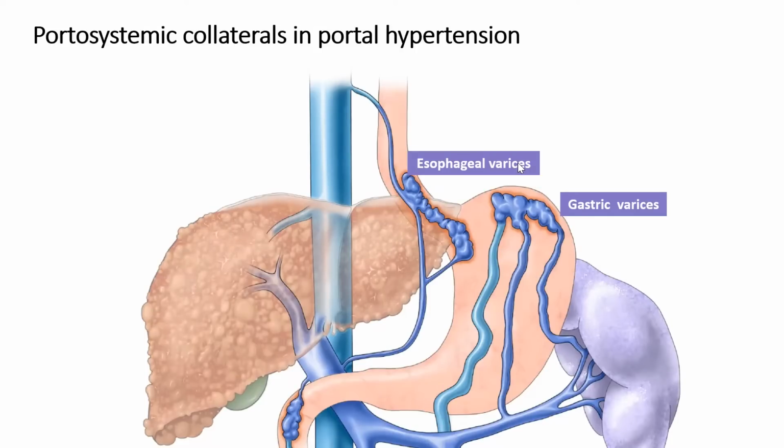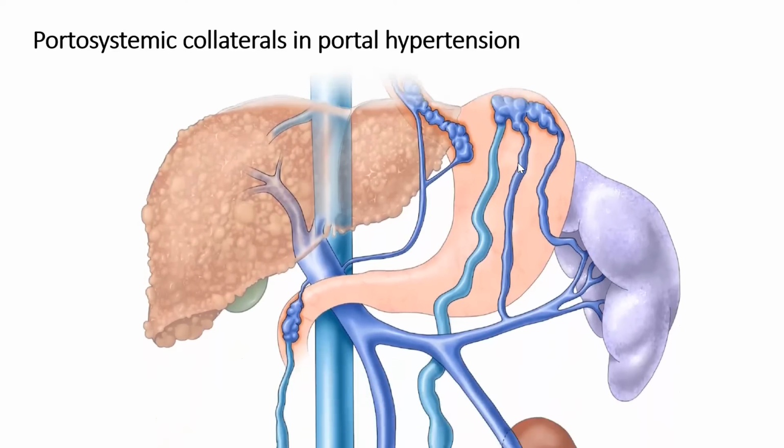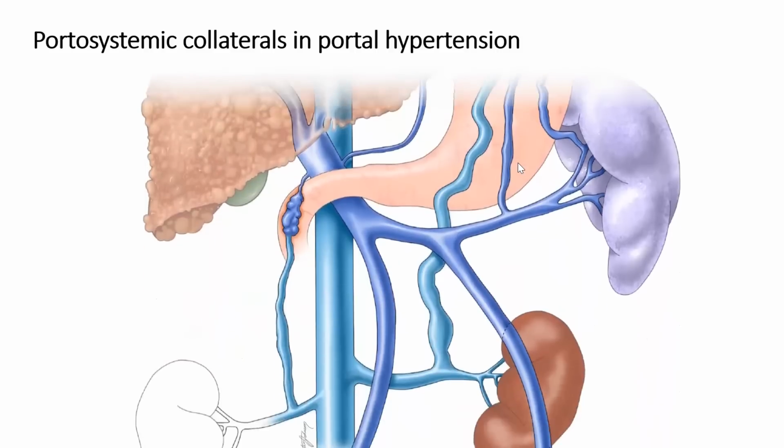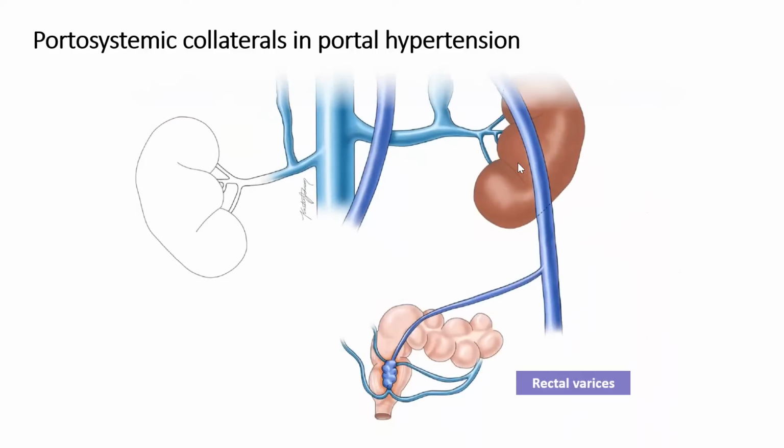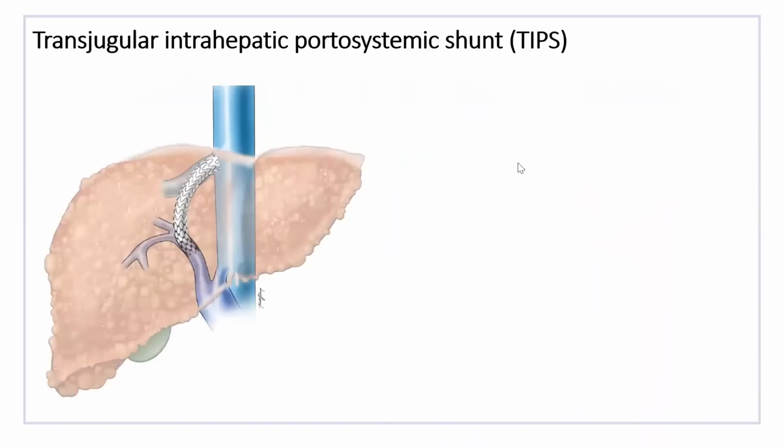This is getting into semantics, but that is how we decided it would be. Collaterals can also be present in other parts of the gastrointestinal tract, such as duodenal varices and rectal varices. They can also be present in surgically created sites, such as stomas, and they're called stomal varices.